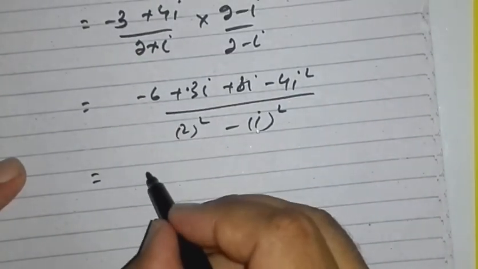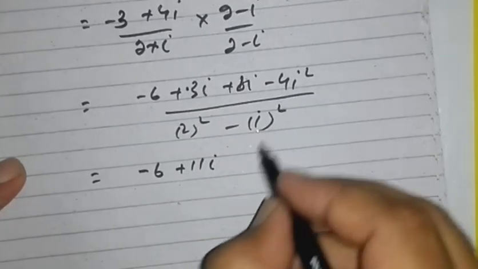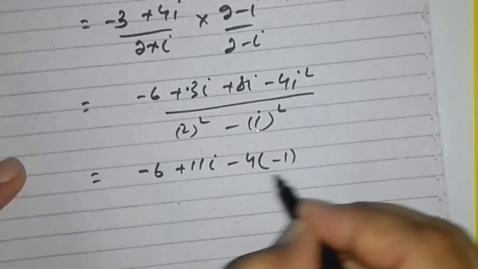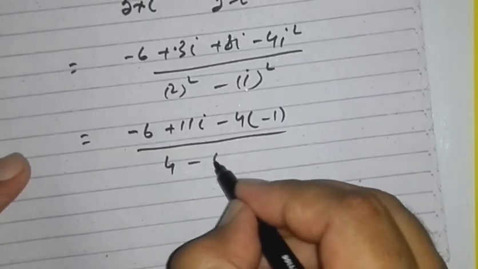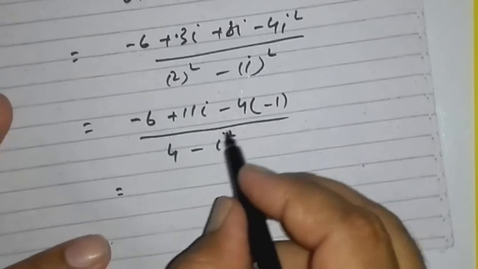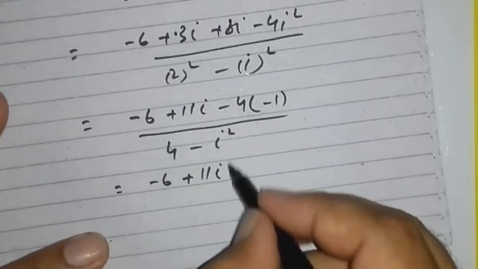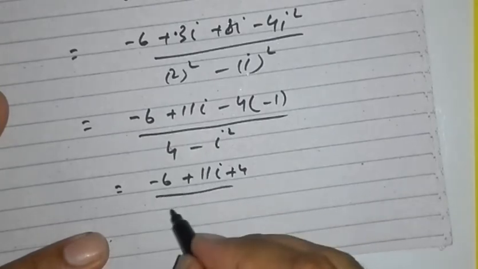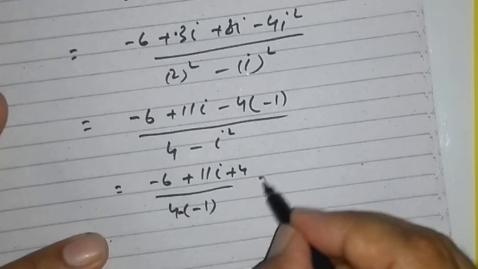We can write it as minus 6, 8 plus 3 is 11 iota, minus 4 iota square value is minus 1. Here we get 4 minus iota square, so minus 6 plus 11 iota minus into minus plus 4 divided by 4 minus into minus 1.